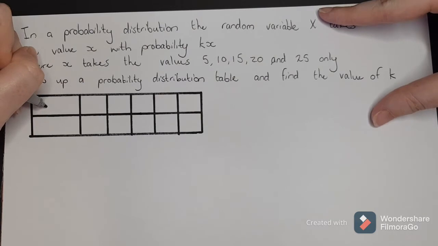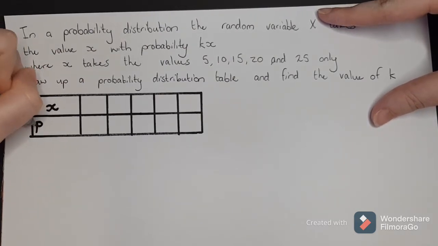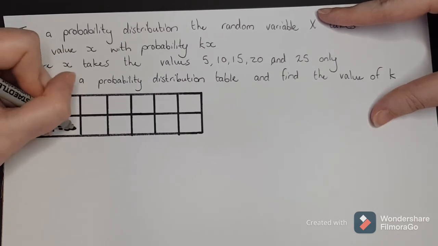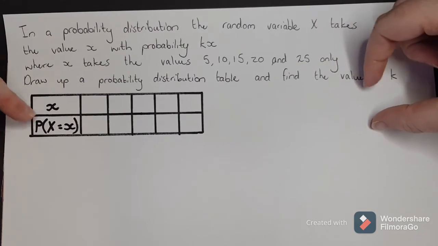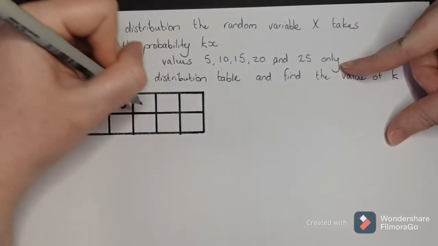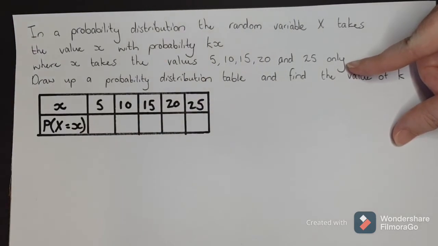So in our table, we always have our small values of x, and we have the probability that our variable equals that. And we are told that those x values are 5, 10, 15, 20, and 25.